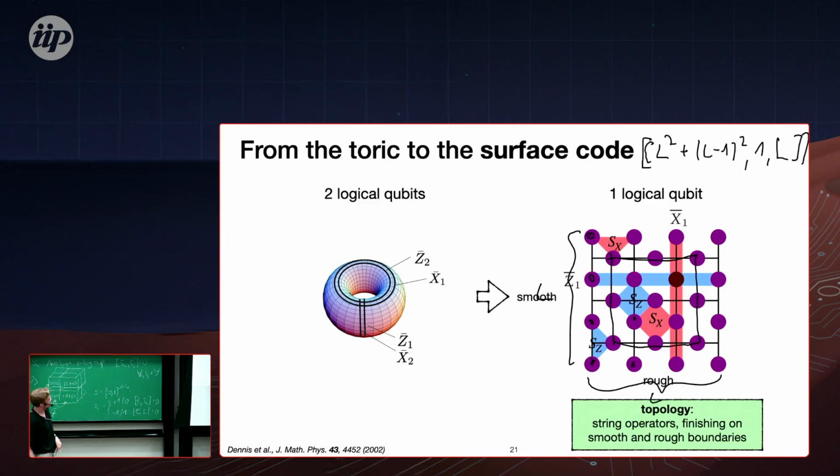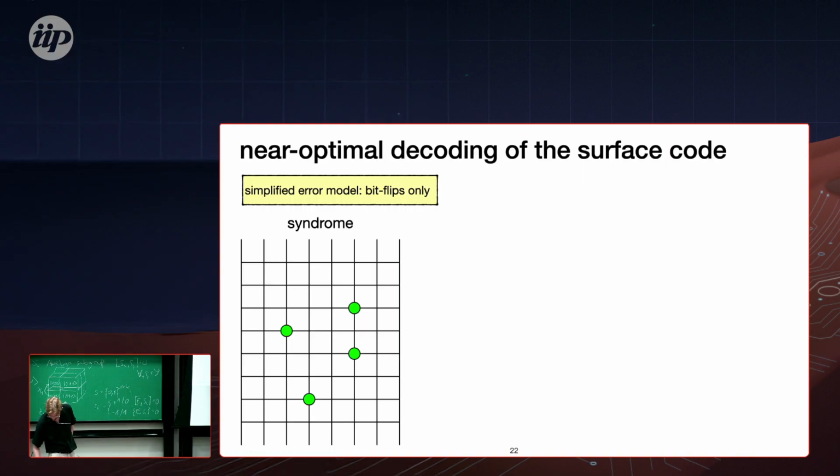Next, now that we have the surface, I want to talk about decoding with more than just one or two errors that we had here. And for that, we again look at bit flips only. We have this surface code here.